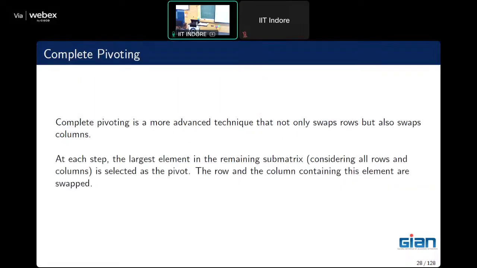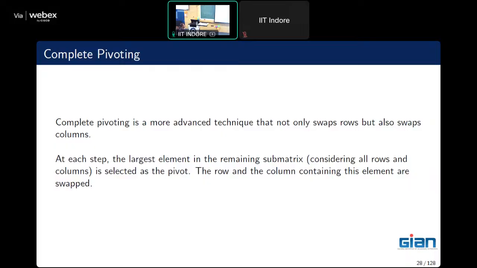And now the complete pivoting is here. Complete pivoting is a more advanced technique that not only swaps rows but also swaps columns. You search the entire rows and columns and see the largest element. At each step, the largest element in the remaining submatrix is selected as the pivot.